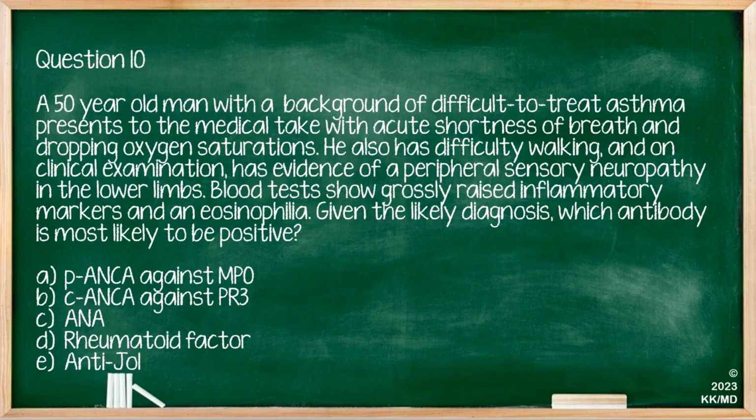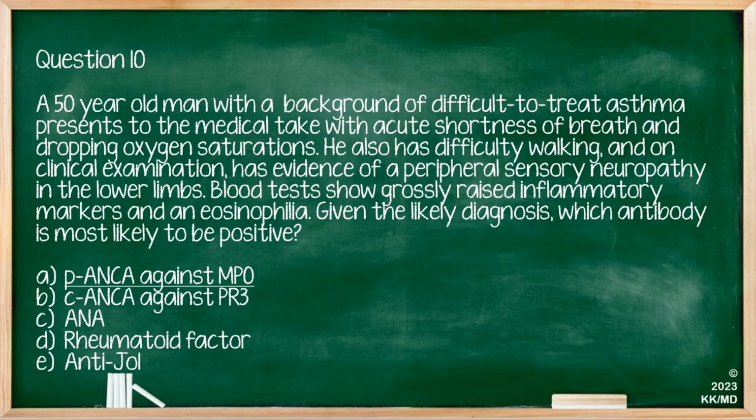And that is hopefully obvious to you after reading that he's got difficult to treat asthma and he also has got peripheral blood eosinophilia. Therefore, the most specific antibody to the condition is actually going to be option A, which is P-ANCA against MPO.